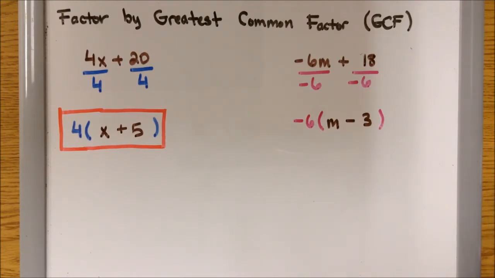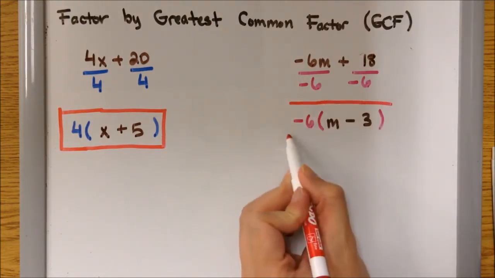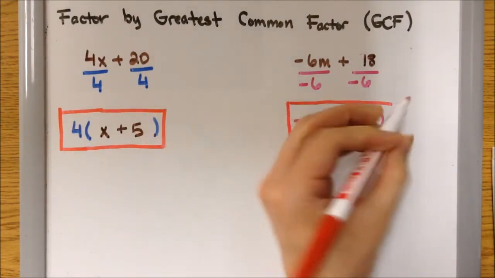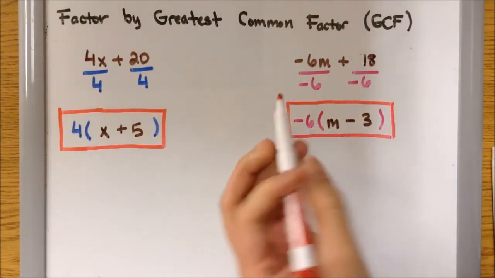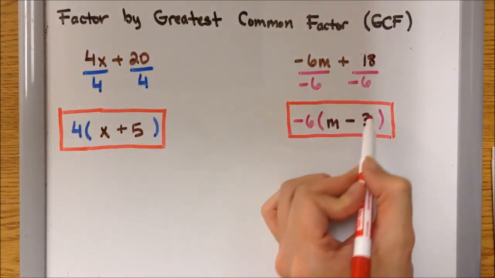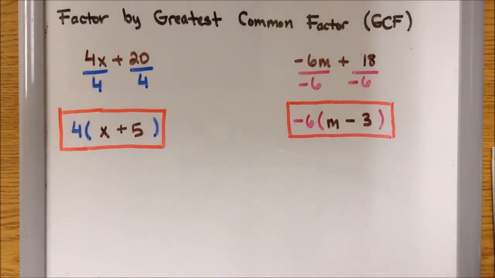Nothing else I can do, so this is my final answer: negative 6 times m minus 3. I broke it down from negative 6m plus 18 into two smaller parts, negative 6 and m minus 3. So that's pretty much it.